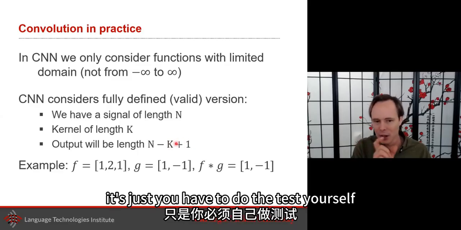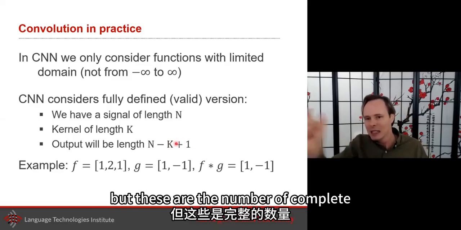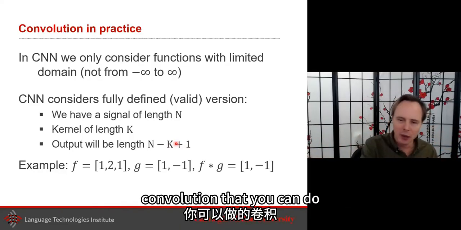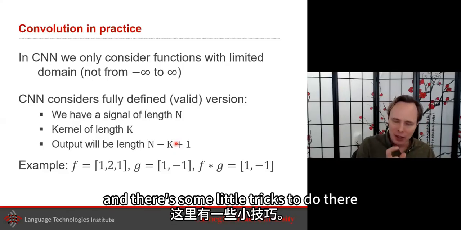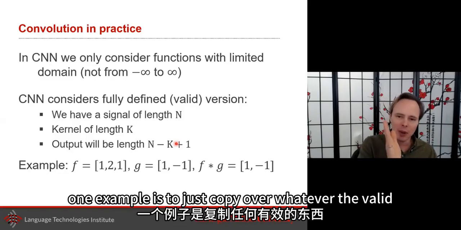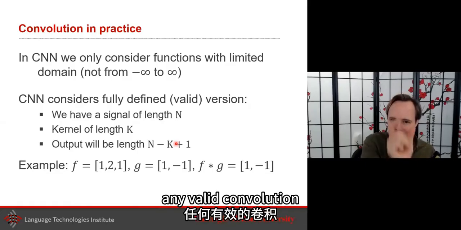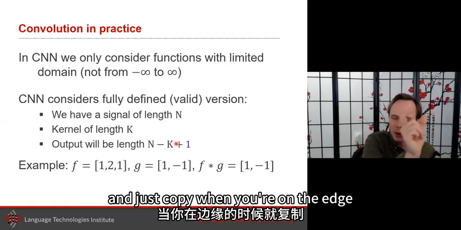You have to do the test yourself, but this is the number of complete convolutions that you can do. There are the edge cases, and there are some little tricks to do there. One example is to just copy over whatever any valid convolution gives when you're on the edge.